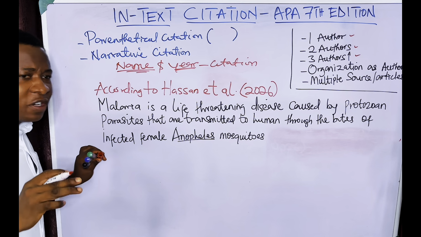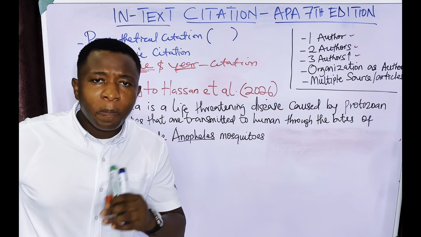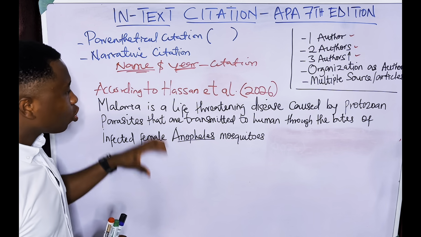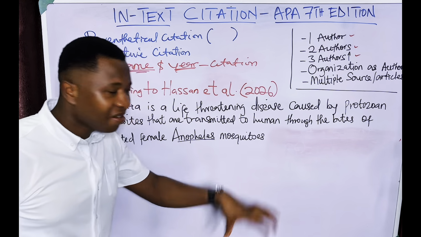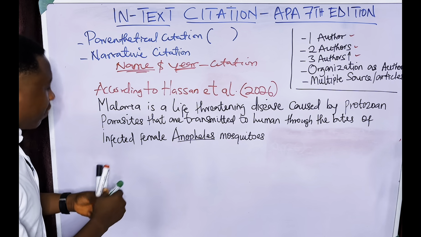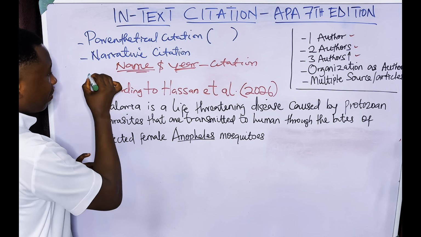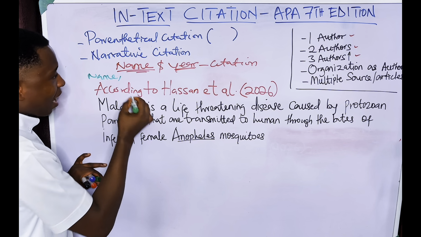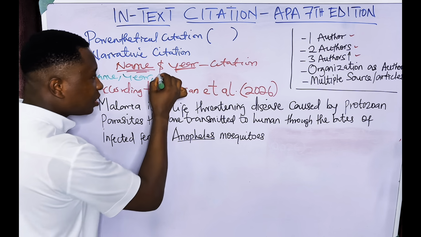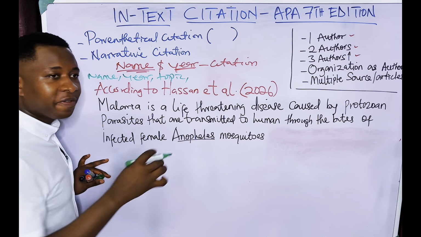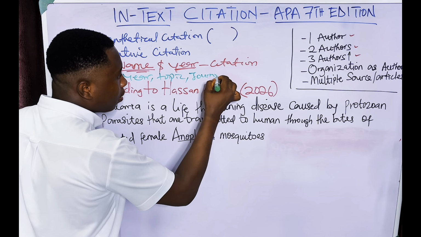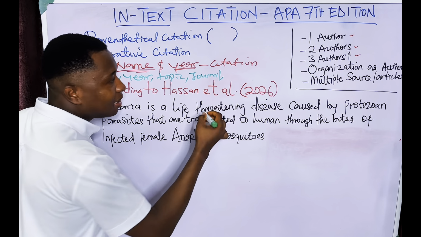But for reference, a reference contains much more parts. So it is out of the reference that the citation is picked. So you cannot just come and cite a work without having a reference. Your citation must come from a reference. A reference will obviously have the name part, it will have the year, it will have the topic of the research, it will have the journal it is coming from, then it will have the volume.